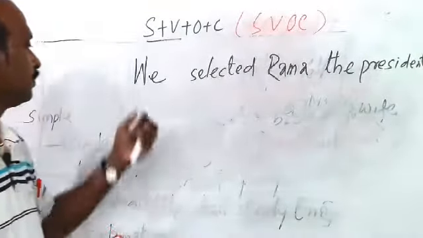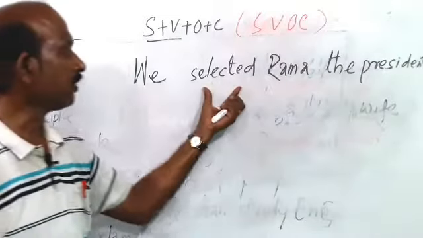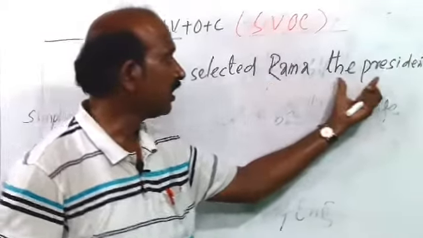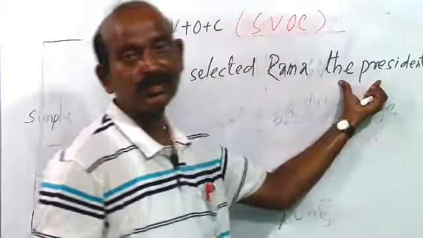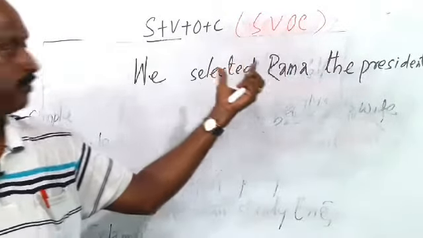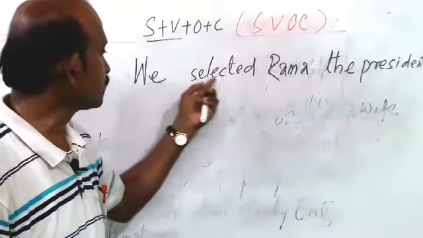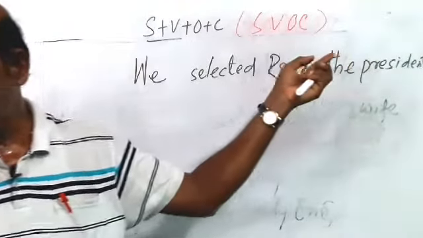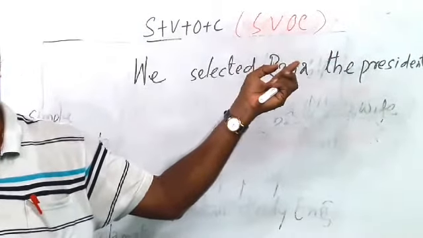In this pattern, we is subject, selected is verb, Rama is object, and the president is complement. Okay, so subject plus verb plus object plus complement.